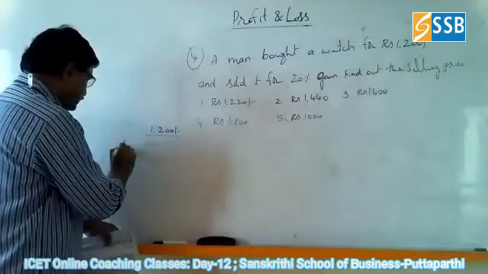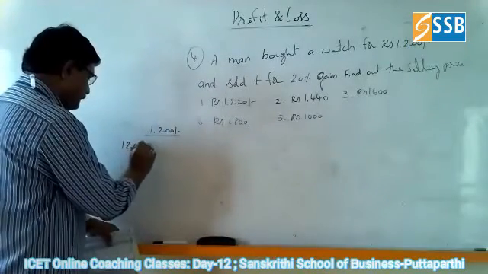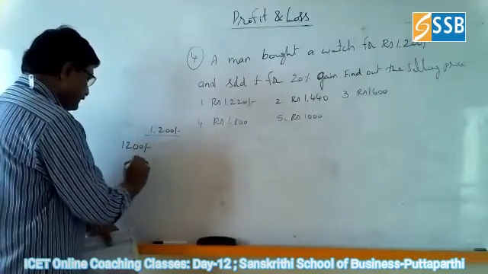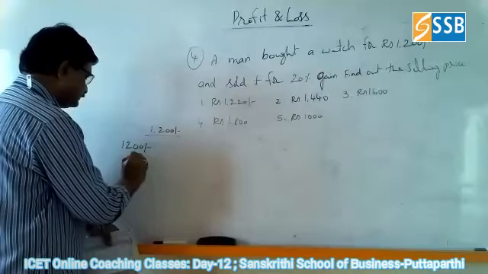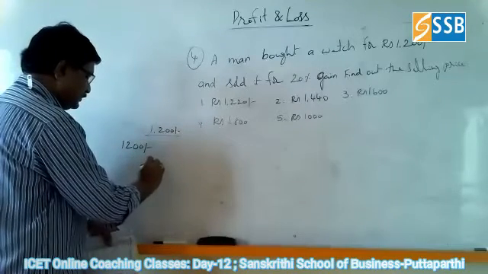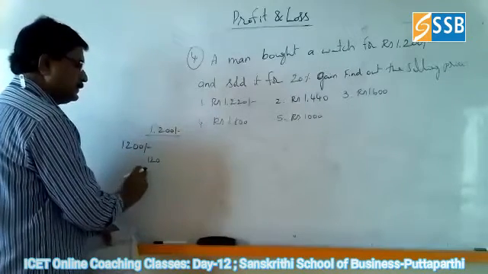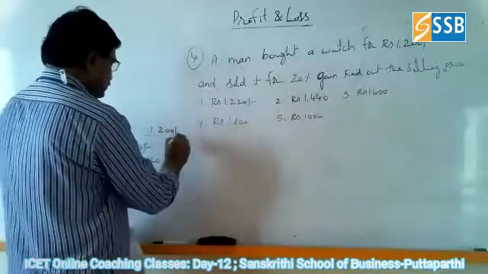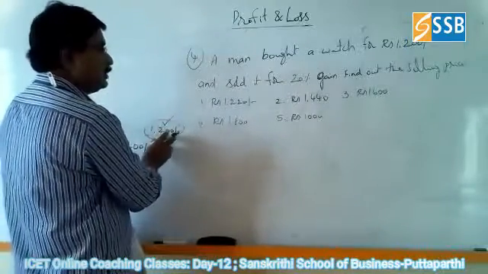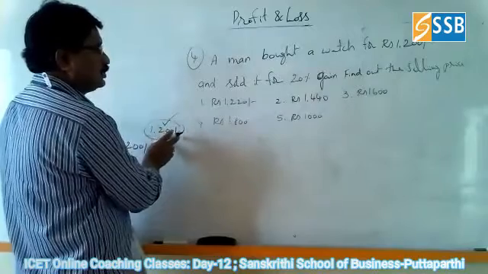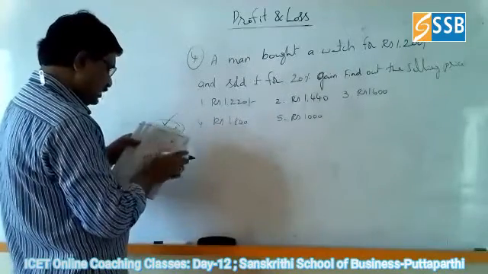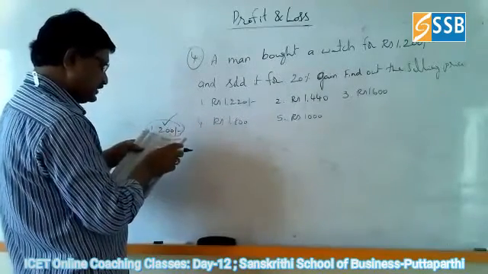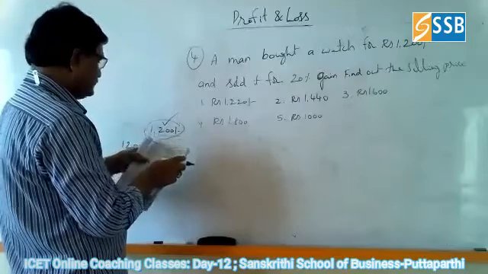So 1200, 10% is 120 rupees. Cost is 1200 rupees. A man bought the watch for 1200 rupees and sold it for 20% gain.